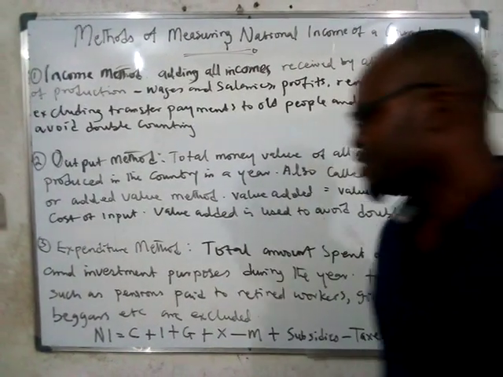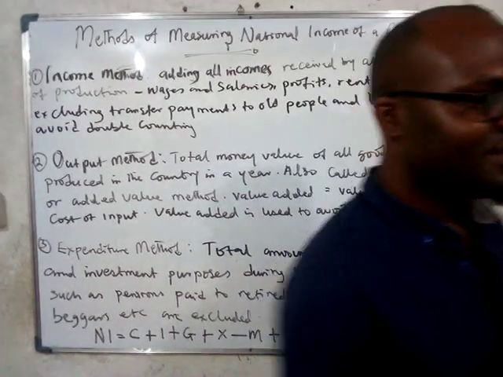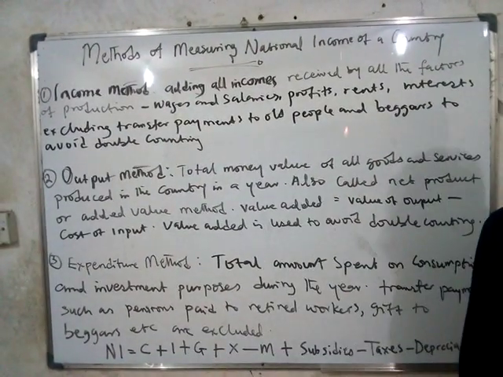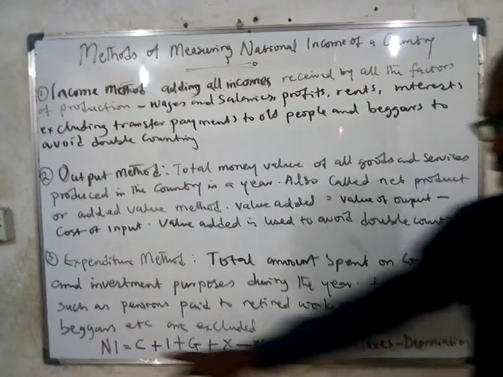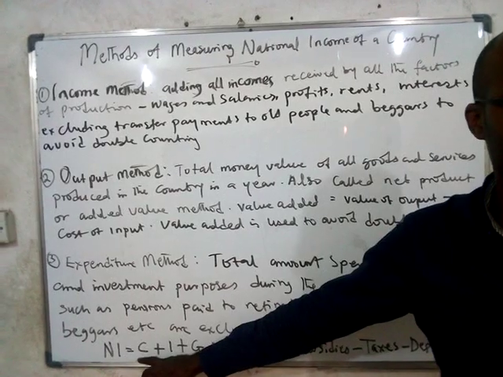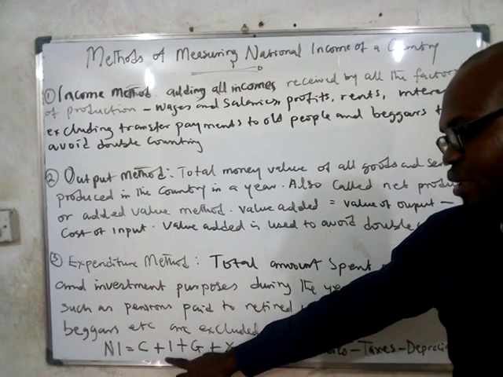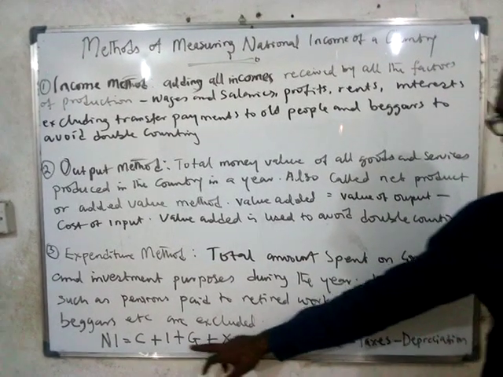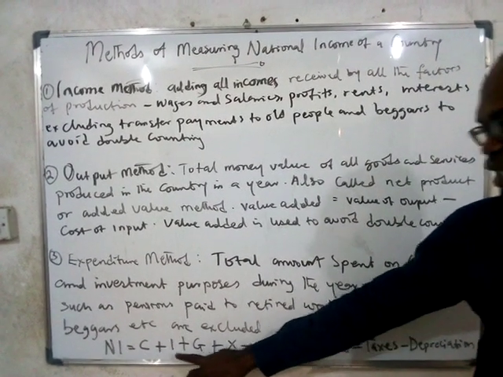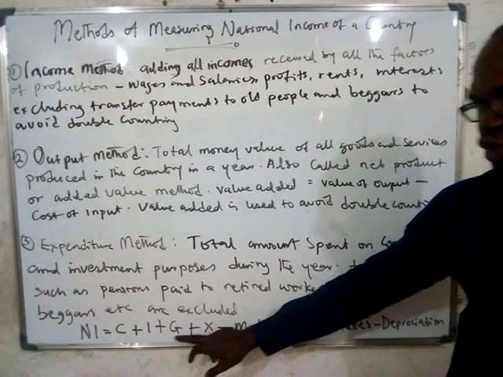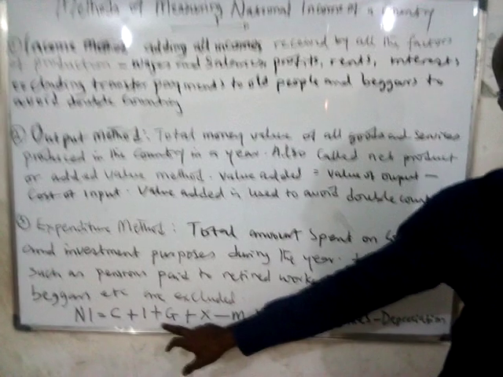So I'm going to give you an exercise to calculate the national income. Given these values: C stands for consumption by private individuals, I is investment by private individuals or organizations. Then G is government investment and consumption.